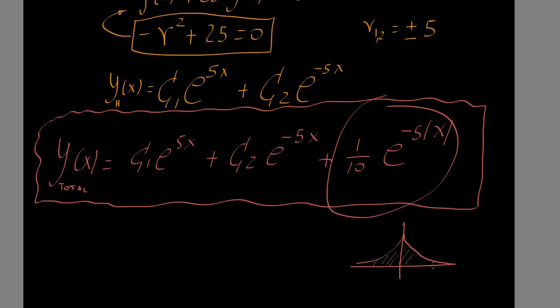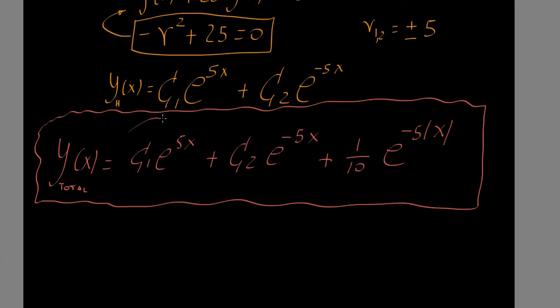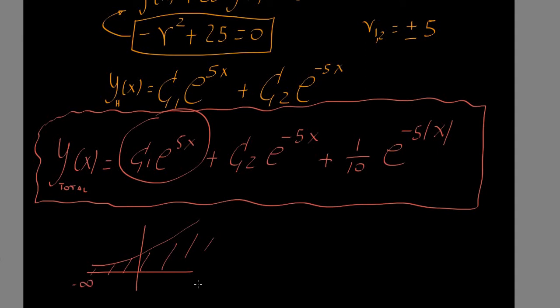So you can integrate from minus infinite to plus infinite, which is not true for the other parts of the solution. For instance, this one, the graph is something like this. You cannot integrate this from minus infinite to plus infinite because it does not converge to a value.